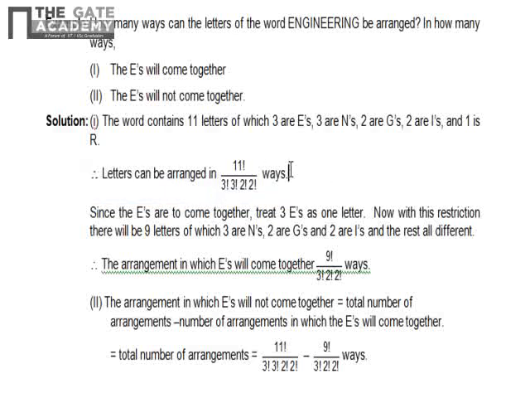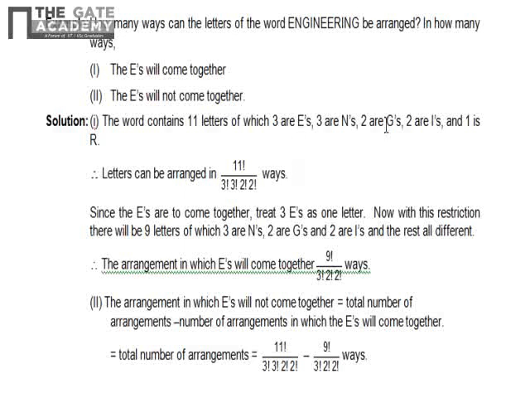2 factorial, 2 factorial. If I have to find the number of arrangements in which E is coming together, we have to treat the 3 E's as one entity. So 11 minus 3, that is 8 alphabets remaining. And if we assume the 3 E's as one object, then 8 plus 1, 9. You have to assume 9 alphabets.